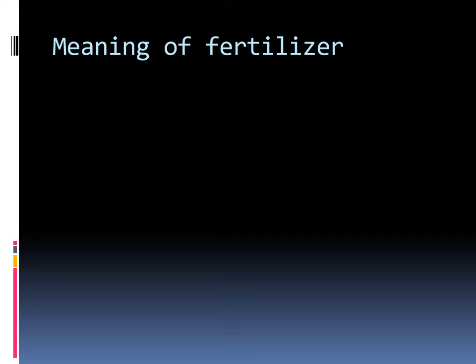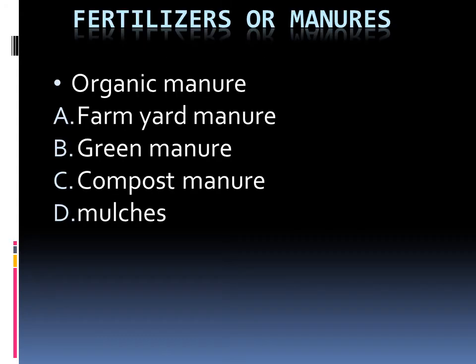Pupils, there are two types of fertilizers. Fertilizers or manures. Now, there are two types of fertilizers, that is, 1. Natural fertilizers or organic manure. 2.